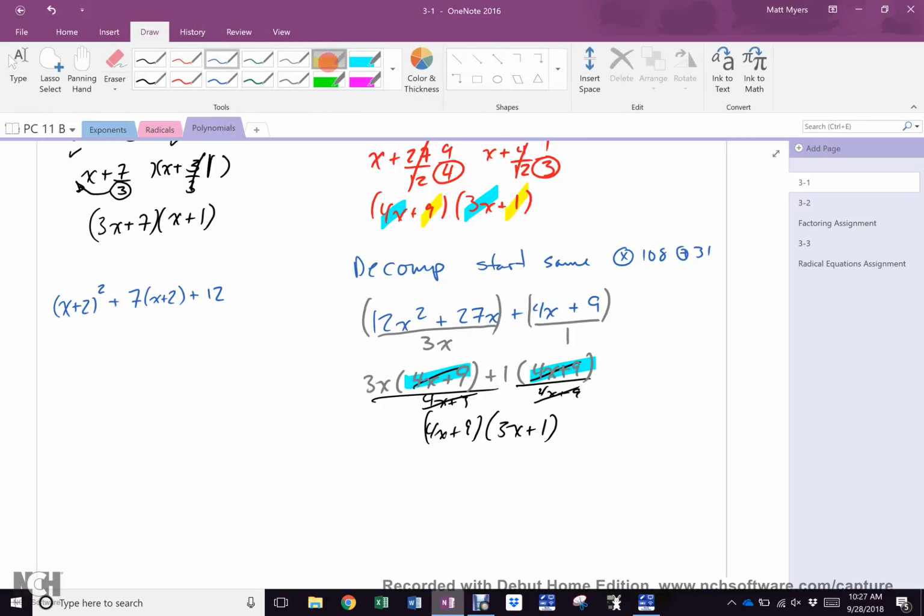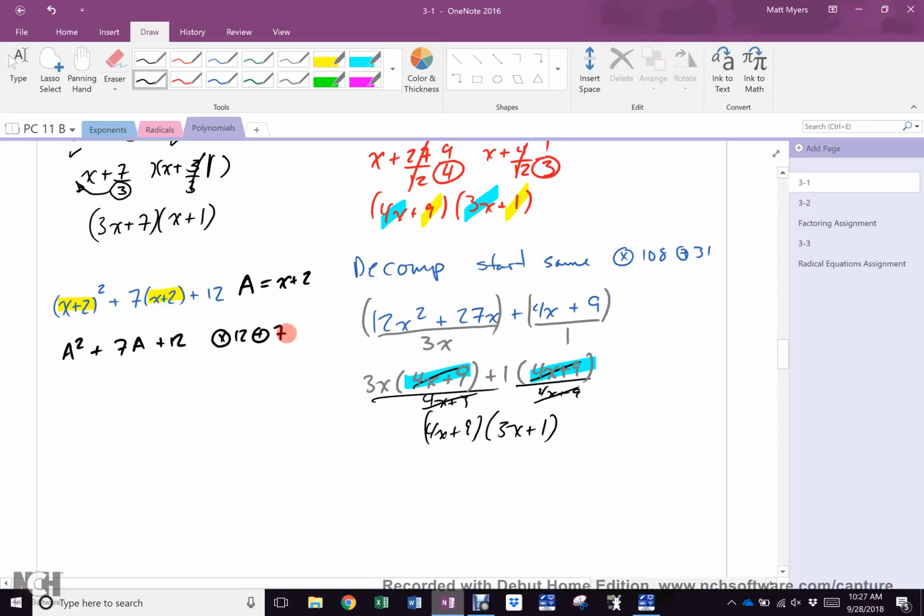What do you see there and there? They're the same thing, aren't they? So could I not say a equals x plus 2? Then what is this? a squared plus, what is this? 7a plus 12. That you can factor in your sleep. Multiply to 12, add to 7.